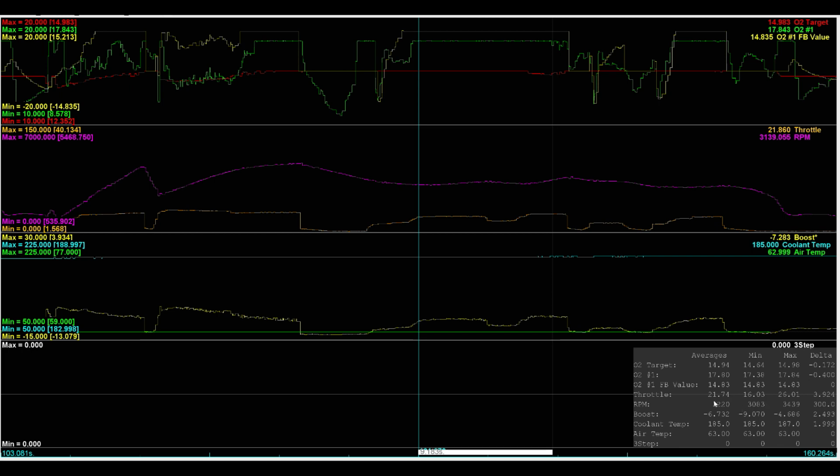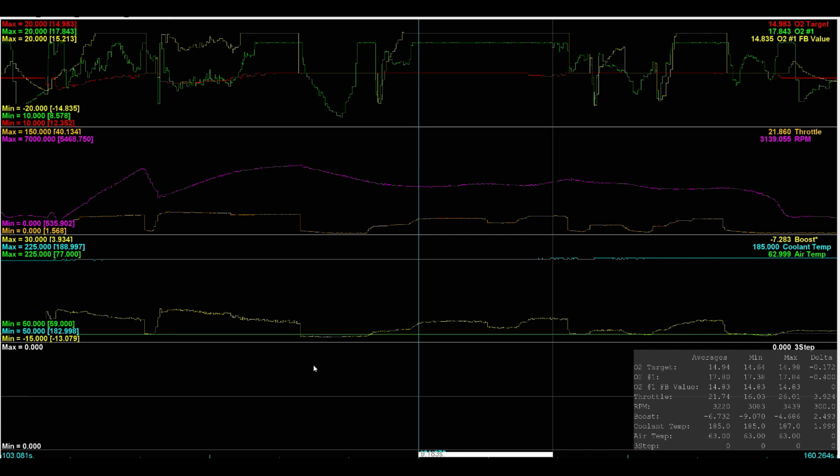Our throttle is maintained at 21.74%, and our RPM is just hanging out nicely between 3,083 and 3,439. So at this point in time, where we're just cruising along, maintaining the speed of the car, we seem to be running into our most difficulty maintaining AFRs within the target range that we're looking for.